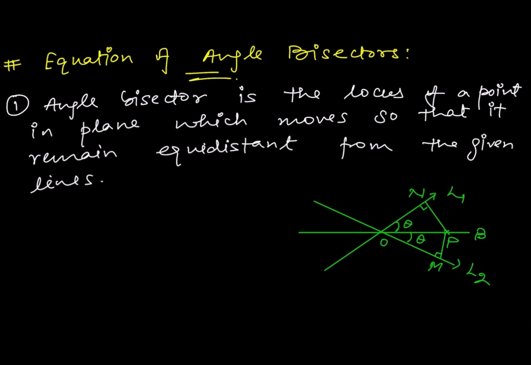So angle PON is equal to angle POM, and I have to prove why these two angles are equal. So according to the definition, PM is equal to PN by definition.